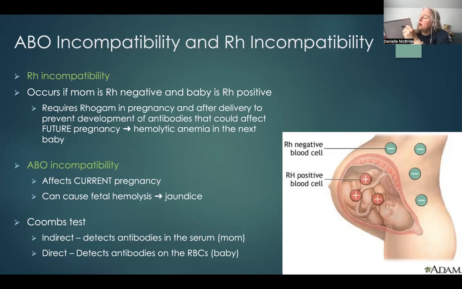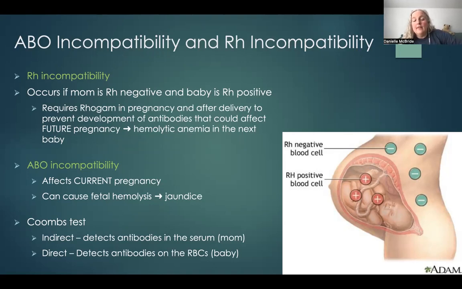Okay. It doesn't matter if her Rh is positive or negative, but we'll make her positive. If the baby is anything other than O, A, B, AB, if mom's body has been sensitized before, and we don't know without testing, then her body could use the antibodies it currently has against the baby's blood if it's anything other than O. So that causes a breakdown in the red blood cells of the current pregnancy.